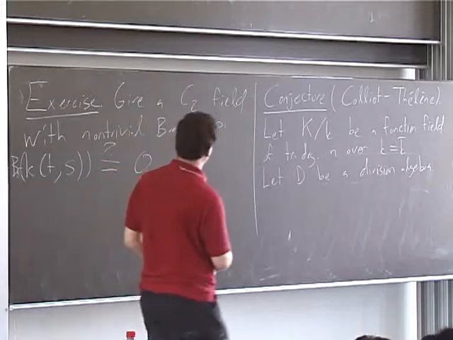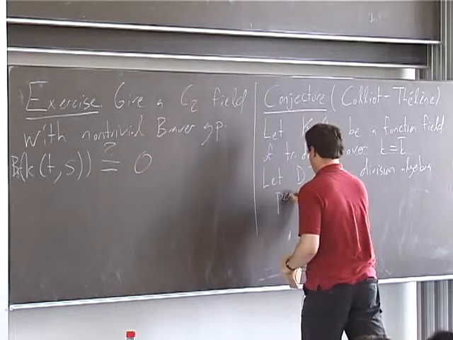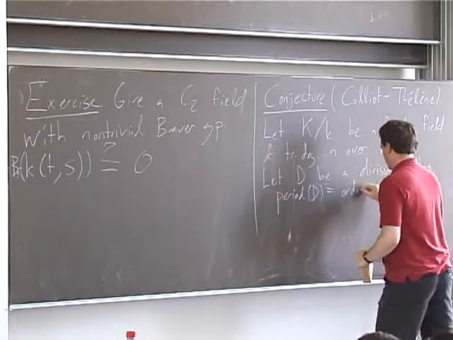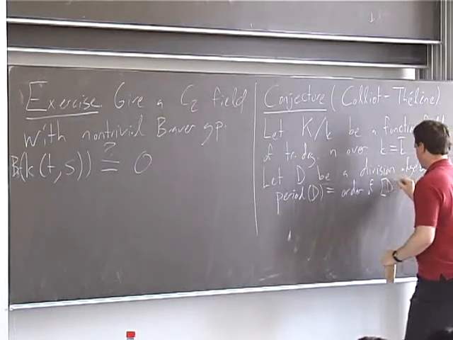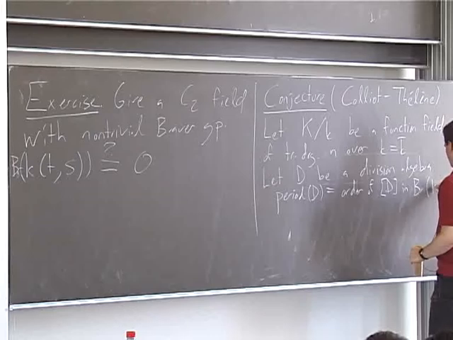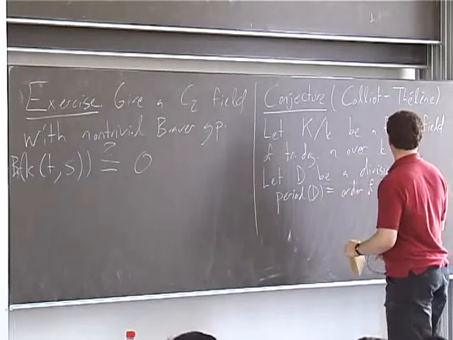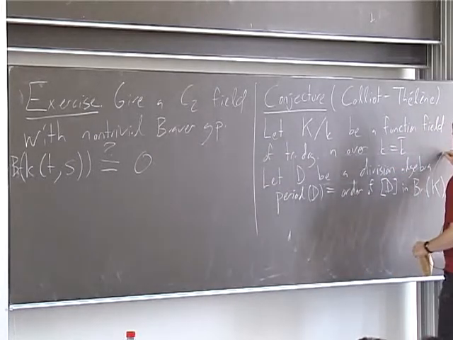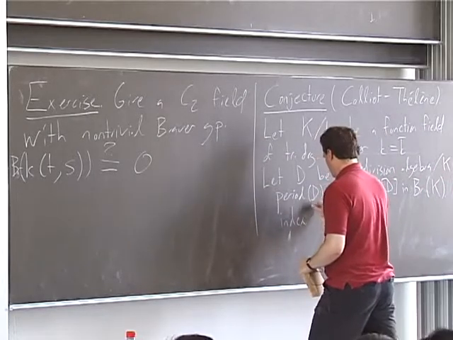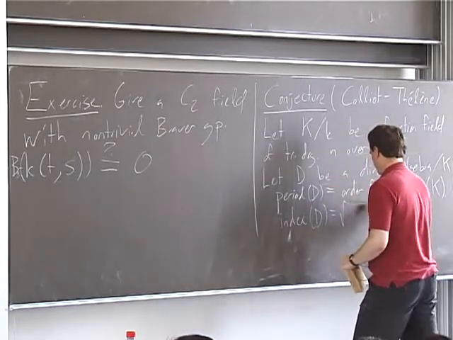There's the period, which is the order of D in the Brauer group of K. So let this be a division algebra over K, with center equal to K. And there's also the index, which is the square root of the dimension.